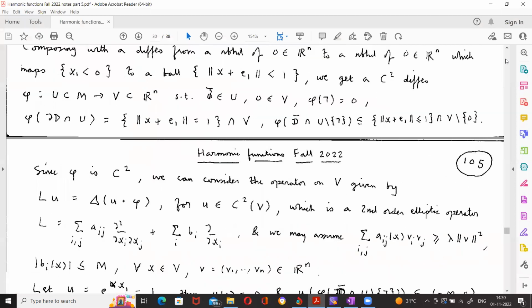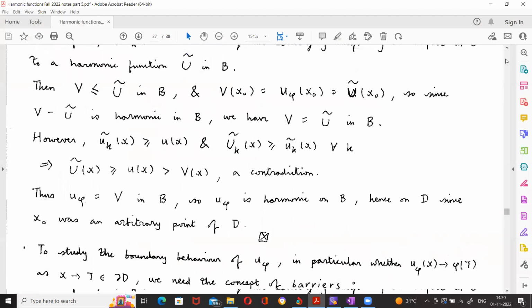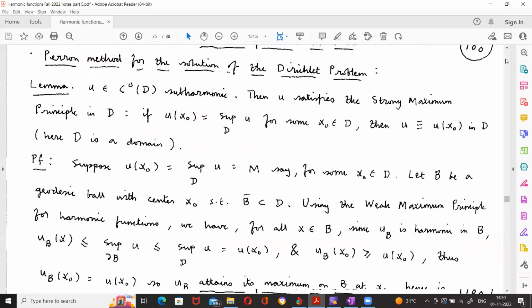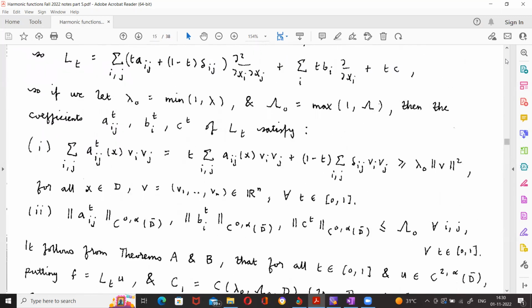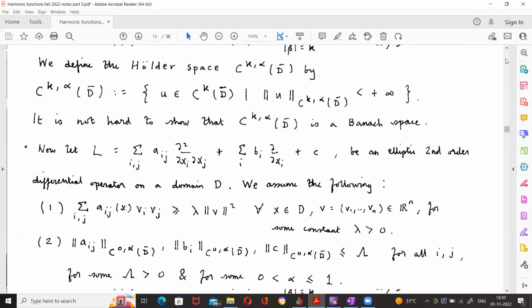Okay, so now let's come back to what we started talking about last time, which was elliptic operators in R^n.